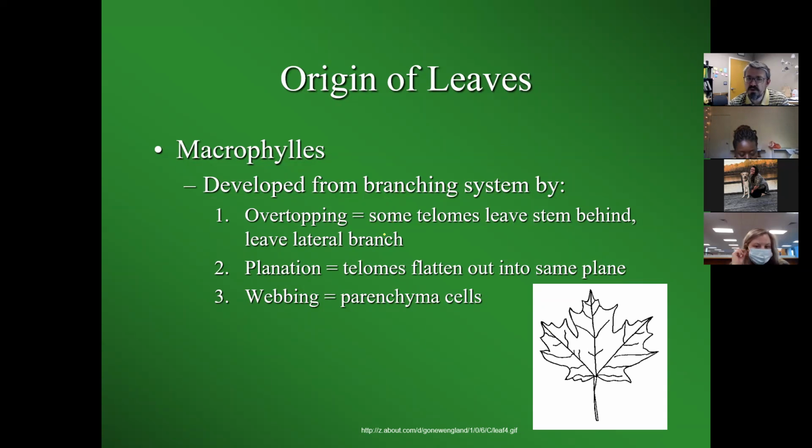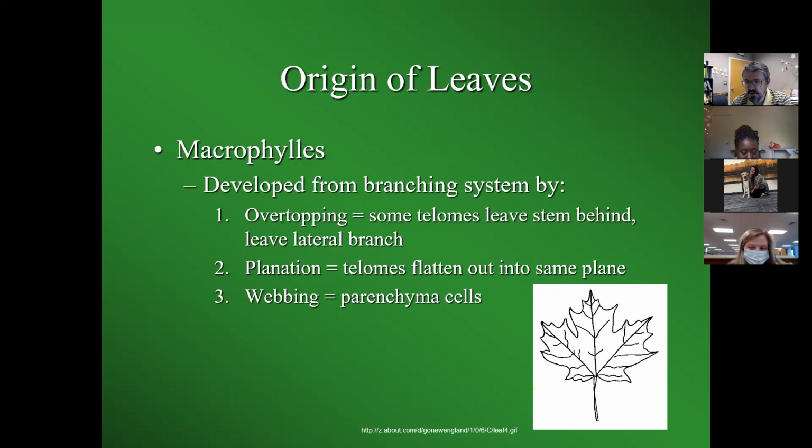But you don't just get one straight line of vascular tissue. You start to get branching, and that's what's happening with the overtopping. Eventually, what you see is a flattening out into a certain plane of those telomes, and then in between, you get the development of parenchyma tissue that makes up the blade of the leaf.